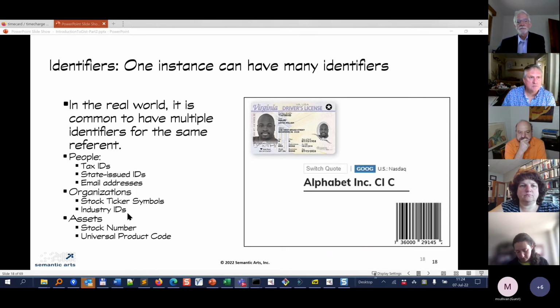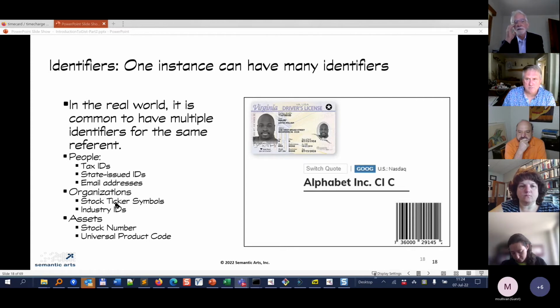What's interesting is that, technically speaking, a stock ticker symbol for, say, Boeing, I think is BA, but there might be some industry that has that same two-letter code. So you have to be able to distinguish whether the BA is a stock ticker symbol or an industry ID. You need some way to specify the context for the identifier.